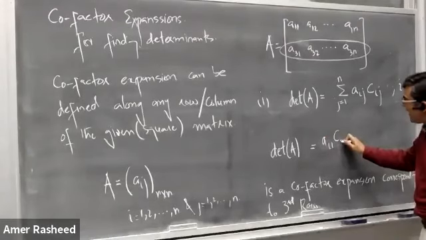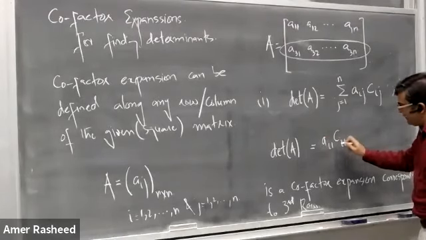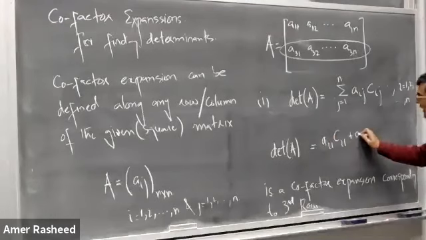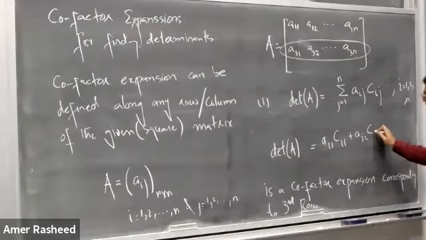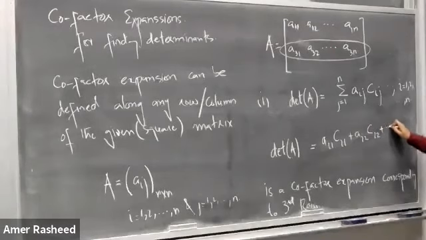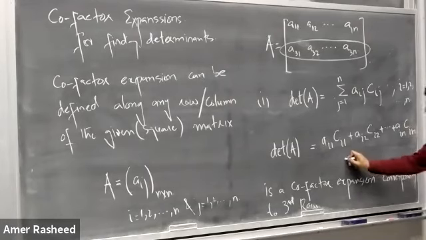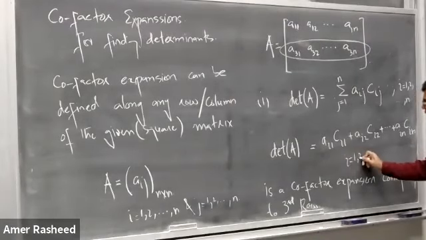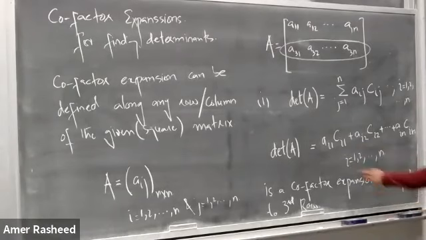Ai1, Ci1, okay? Plus Ai2, Ci2, plus so on, plus Ain, Cin. Now, whatever the value of I you choose, you can put there. I from 1 to n.